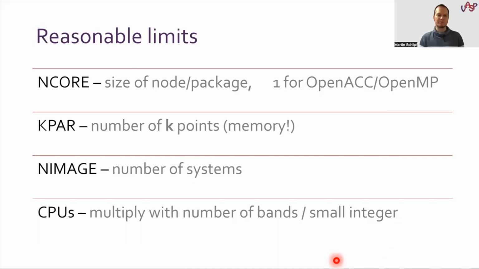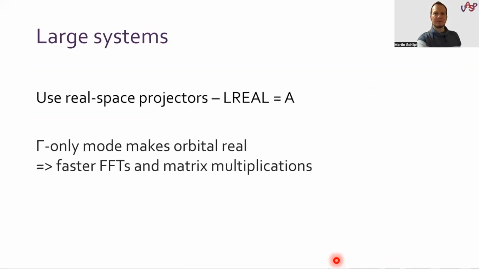So you might want to have lower numbers for all of those, but for some systems where you really want to push the boundaries, this is how far you can go. One other thing for large systems that you should consider is switching on the real space projection method.